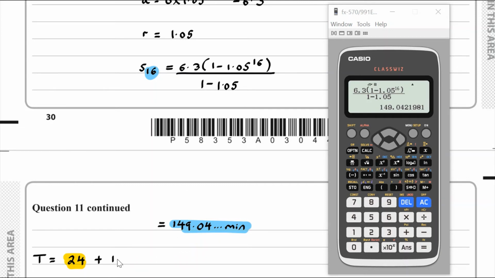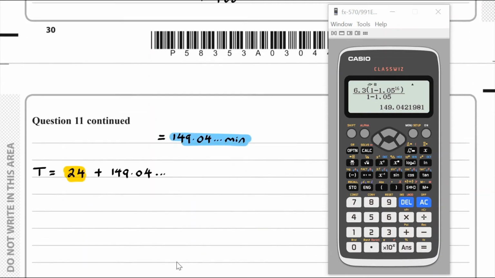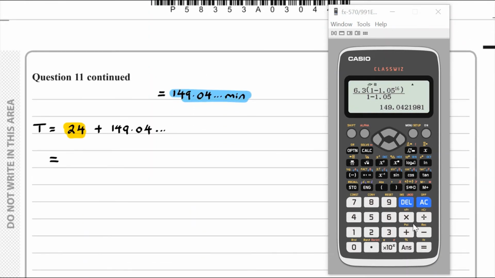So we add on this 149.04 etc., and if we add on 24, we come out with 173.04 etc. minutes. We want our answer in minutes and seconds, so subtract off 173, times this by 60. So we have 173 minutes and 2 seconds.